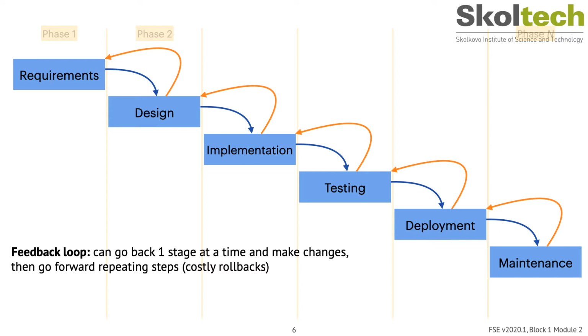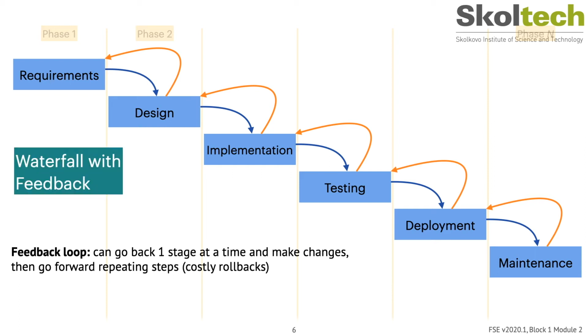And if you cannot resolve the changes at the design stage because the requirements are not correct, then you have to go back one step further and change the requirements. Of course, this typically costs something. At least it costs some time, and the development halts, and that's called waterfall with feedback.